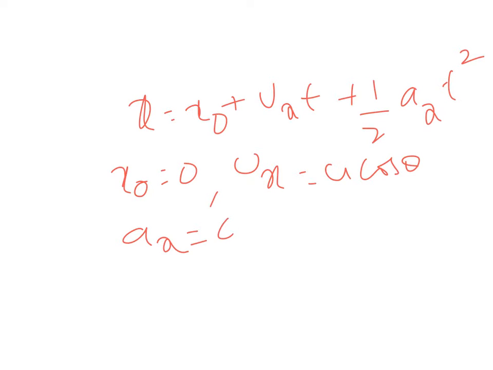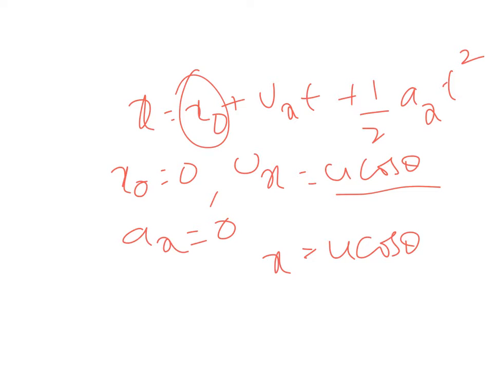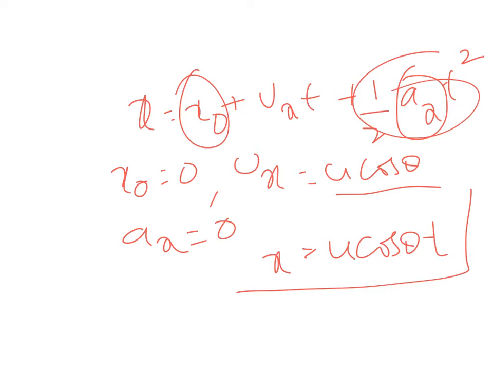Applying this, x naught is 0, ux is u cos theta, t remains as it is, and because ax is 0, that term becomes 0 again. So x is equal to u cos theta t.